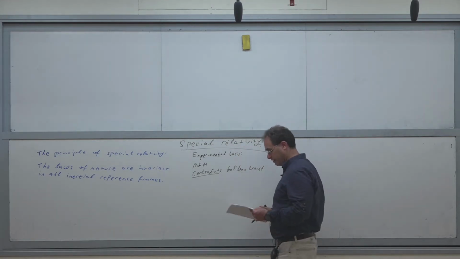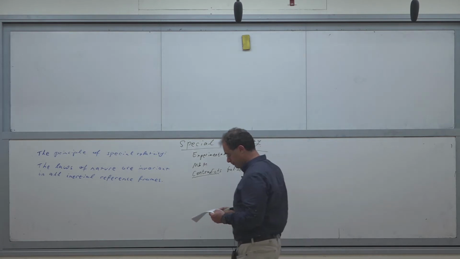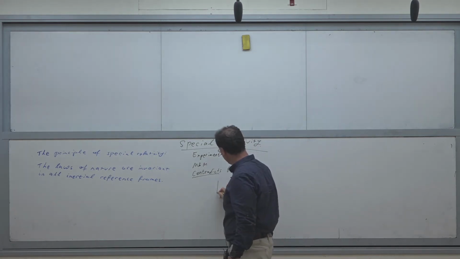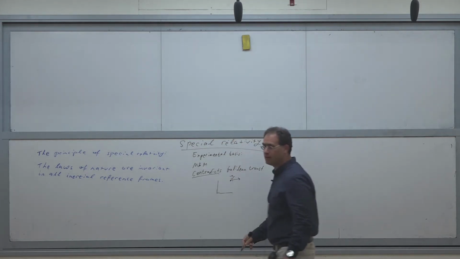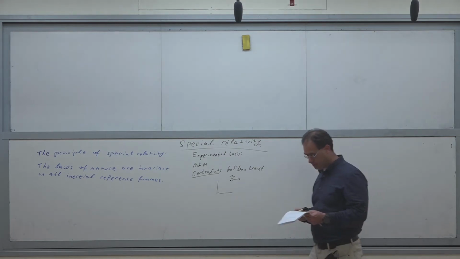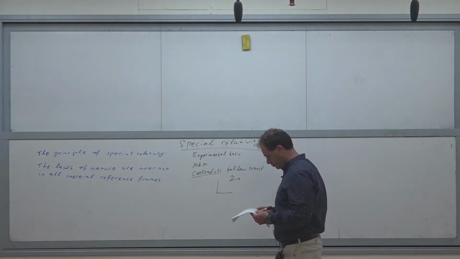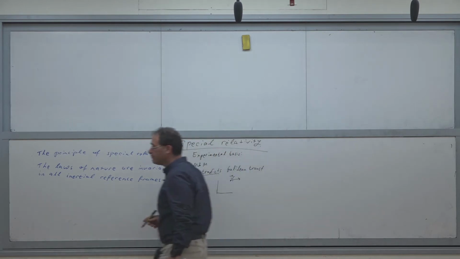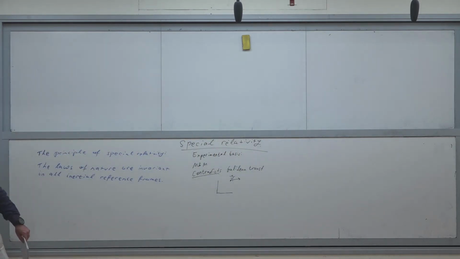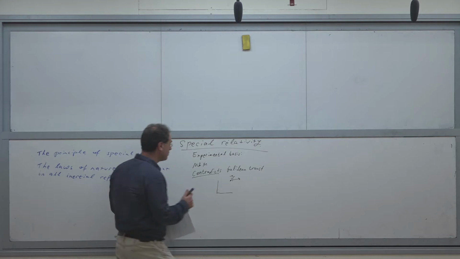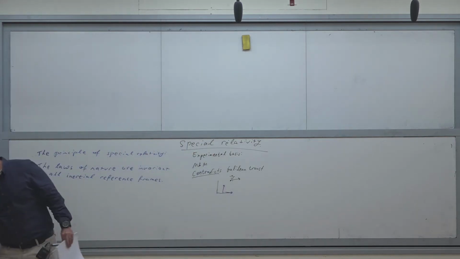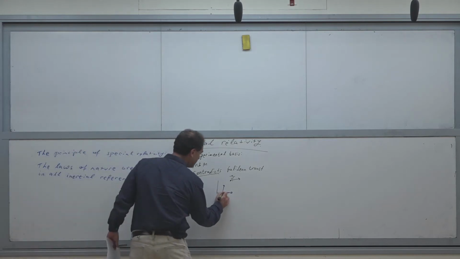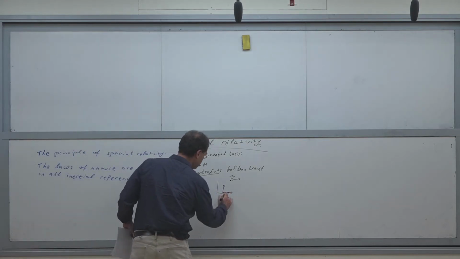So, if we have an object, and this is my reference frame, I'm seeing an object which moves at some velocity v, and you are moving with respect to me at some velocity u. So I see you moving at velocity u.